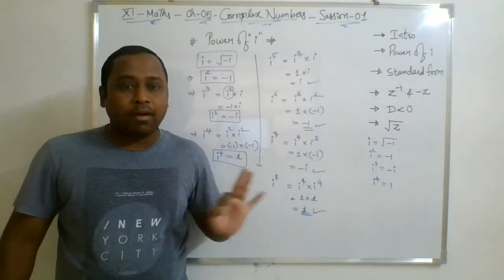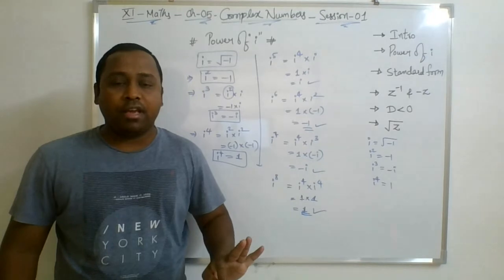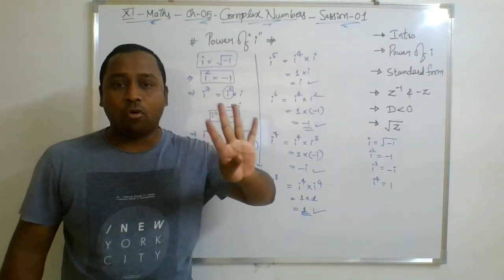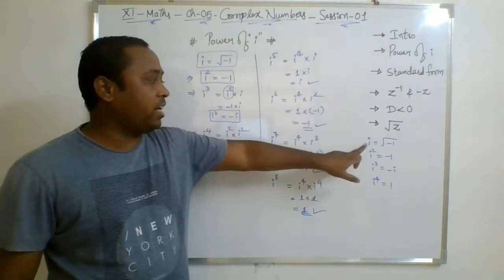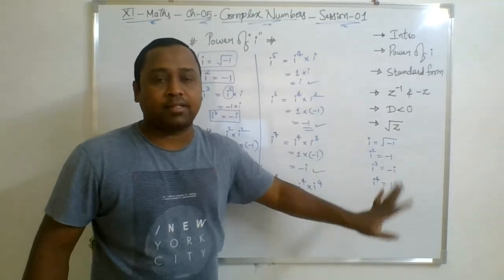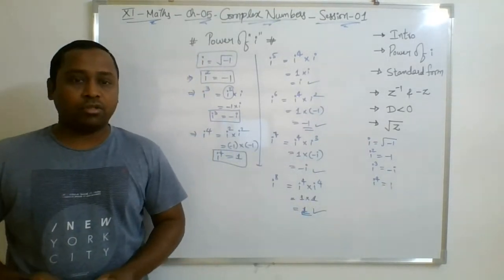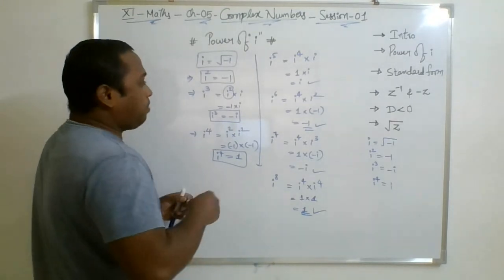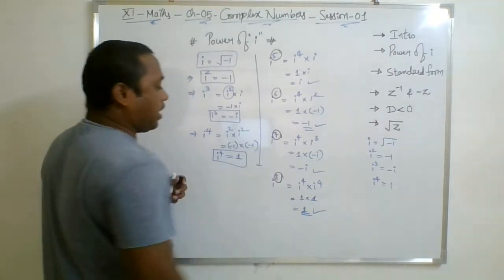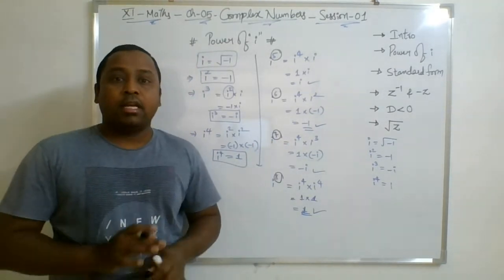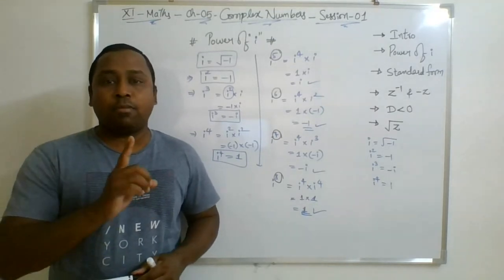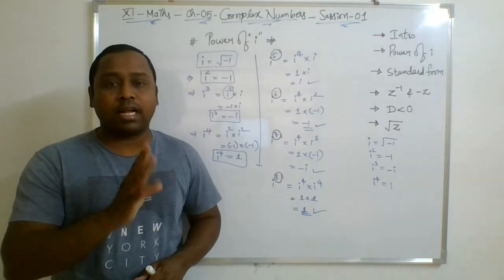When you solve the power of i, your answer will end with only 4 options: either i, minus 1, minus i, or plus 1. Do you understand? Whatever the power, it may be a positive integer or negative integer, your answer will end with only 4 options: plus 1, minus 1, plus i, and minus i.